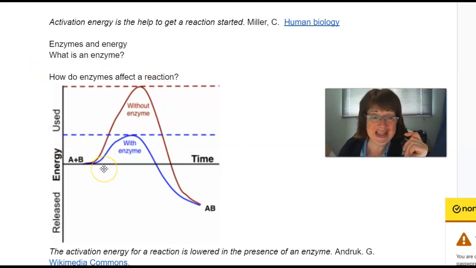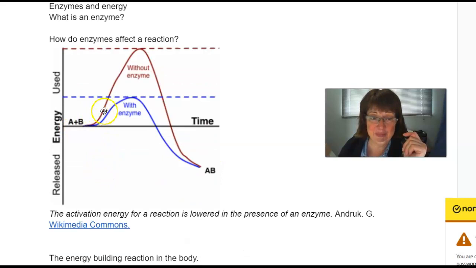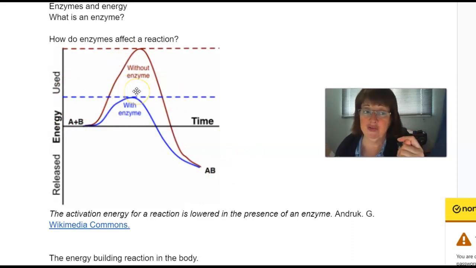If we look at this graph, the blue line is the enzyme added to the reaction. We start with the same thing, we end with the same thing, but we have less of a hill of energy to go over because the enzyme helps bring these molecules together so they react better or faster.